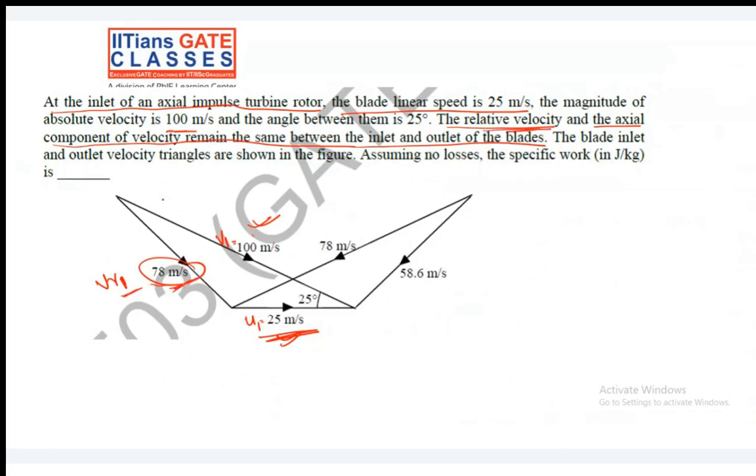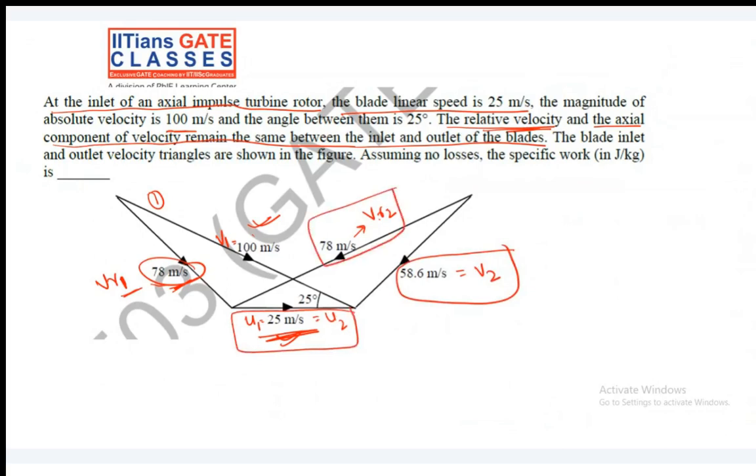So if I consider this one as inlet, then this is VR2. And if this is VR2 and this is equal to U2, then this is bound to happen V2. So I know V2, I know U2, I know VR2. So now I know most of the things, that V1 I know, VR1 also I know. So now what is the question?